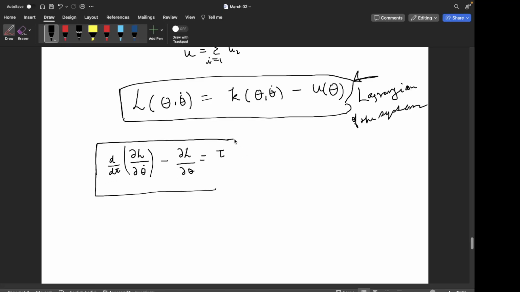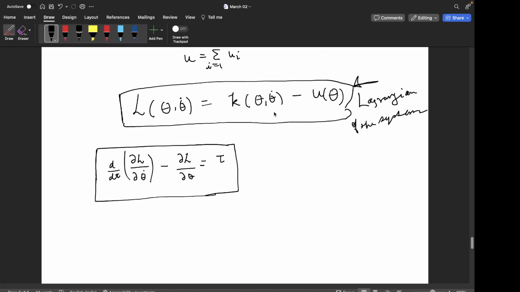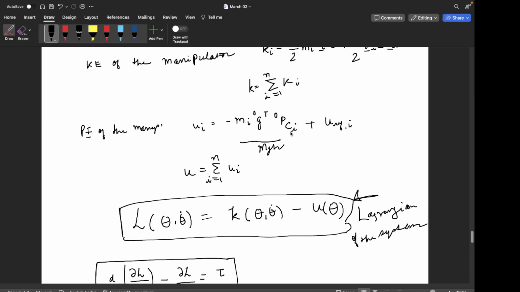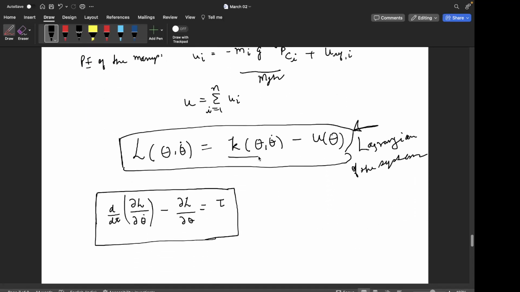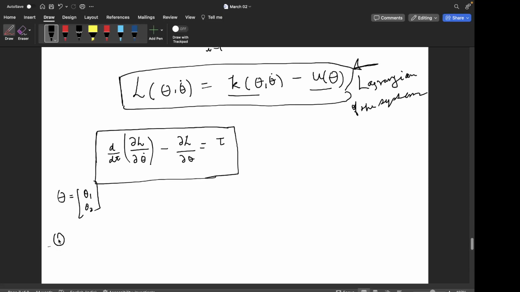So this is a very concise way. The procedure you will follow is to write the kinetic energy and the potential energy of the manipulator. It will be dependent on joint angles and joint velocities. Theta I am writing is the joint angle vector here. So for a 2 arm manipulator, it will be theta 1 and theta 2, and similarly theta dot will be theta 1 dot and theta 2 dot.